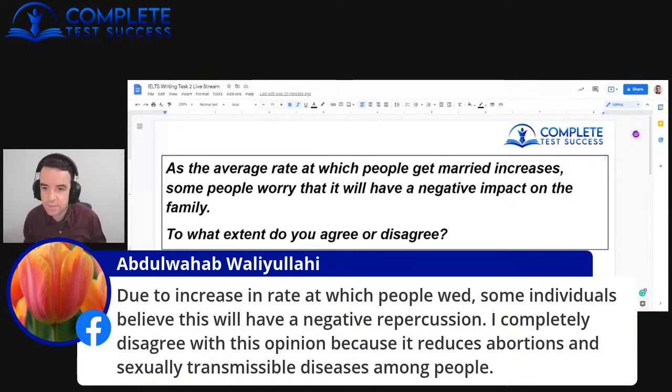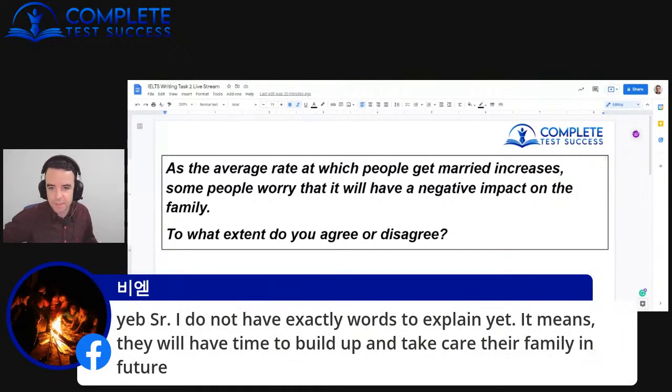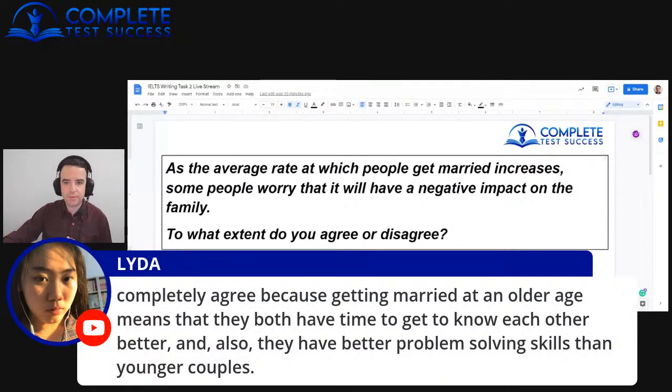And sexually transmissible diseases among people. Okay, yep, they're both relevant and specific. Dominic, yes, sir, I do not have exactly words to explain it. Yep, that's fine. So I think really what Lida said is probably helping you with that one.